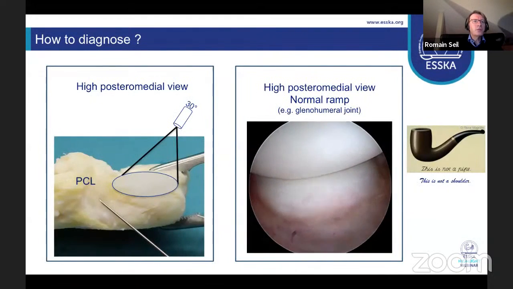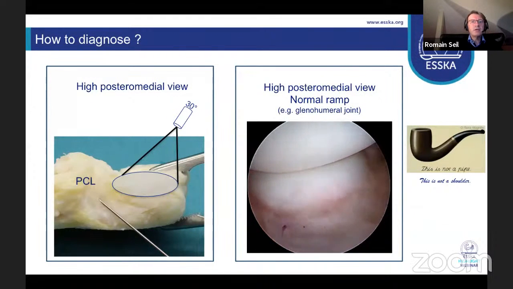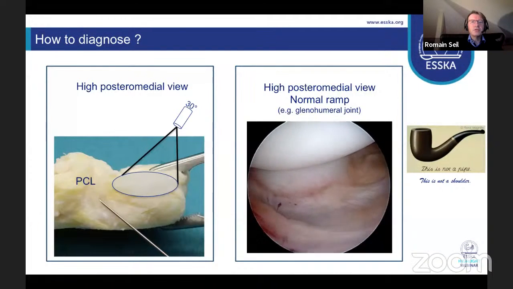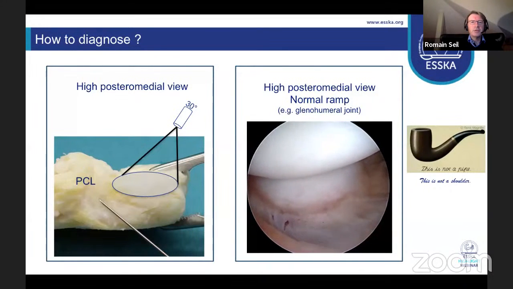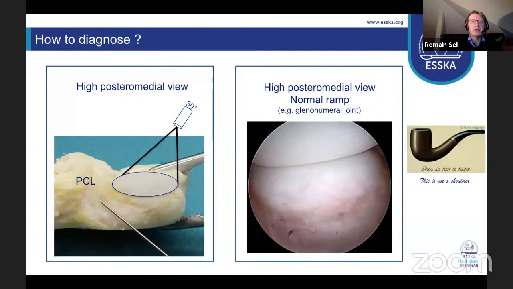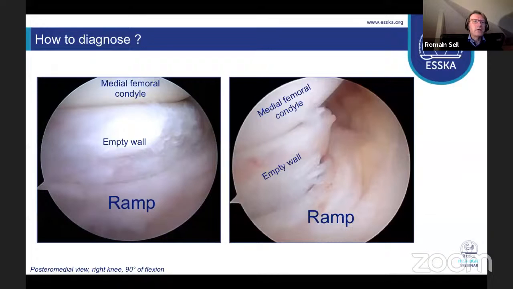Now, if you go for a high posterior medial view, that's what you get. And on the right side, this is actually not the shoulder. This is the posterior part of the ramp and of the medial tibial plateau. Actually, it really looks like a shoulder, and that's what you get if you have an injury. Again, you see the empty wall and the ramp tissue, which hangs down from this like a curtain, which is detached from its attachment.